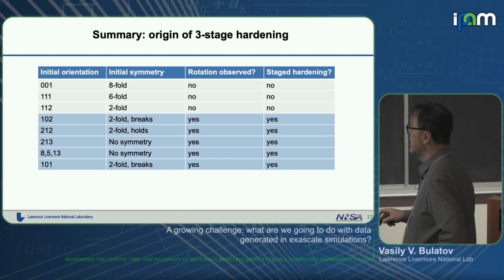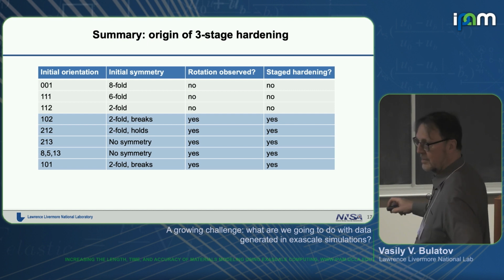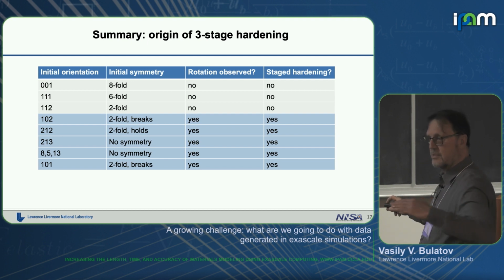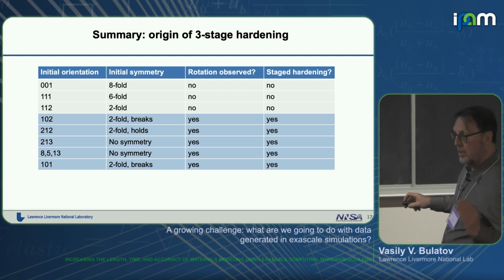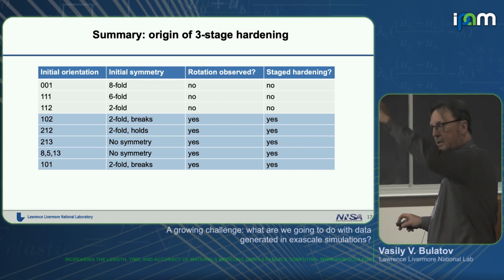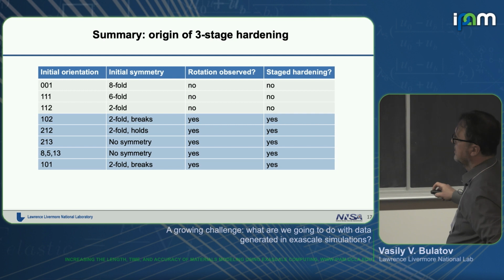So just to summarize, these are the crystals that Takeuchi tested, and the same crystals we tested in our computational experiments. Disregard this, it's something else. But basically, what happened is that you see stage hardening, this slow, faster, slow, or you see parabolic hardening, no such thing, it just goes and levels off, depending on whether the crystal rotates or not.